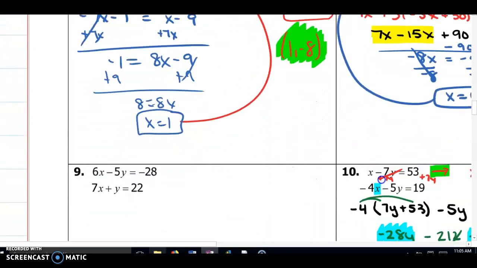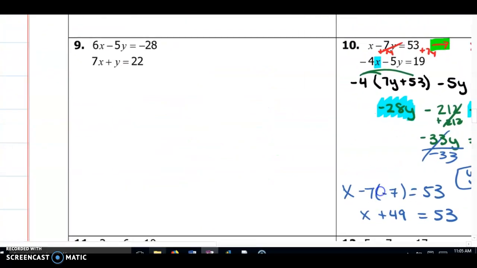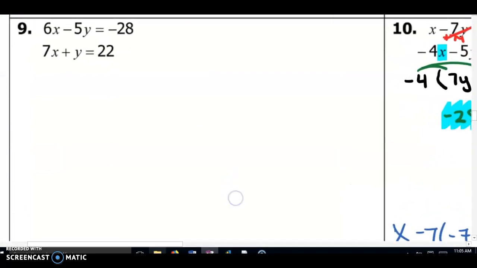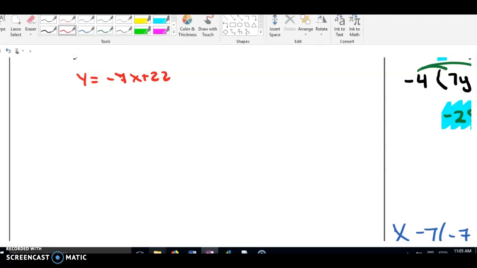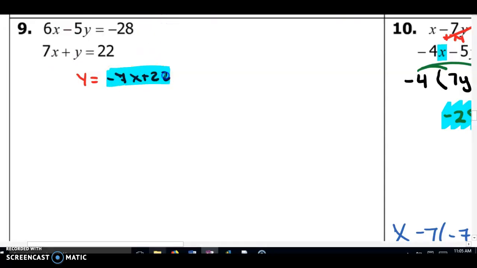If you go down, we can look at substitution. Number 9 is a good problem to do substitution with because the y term is easy to get isolated because there's no coefficient. So all we need to do is subtract 7x from both sides. And now we know that y is -7x plus 22. Everywhere that we see a y in the other equation, we're going to replace it with -7x plus 22 because y is equal to -7x plus 22.